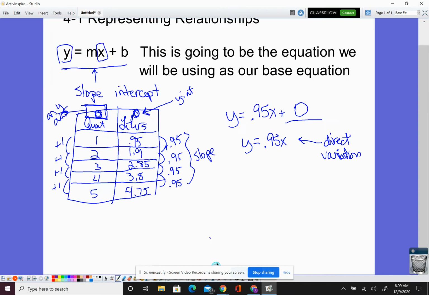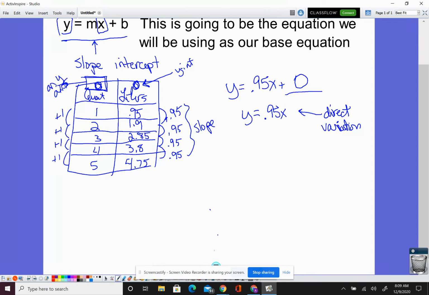In looking at most of the problems that they give you here in this chapter, in this first section, most of them are going to be direct variation problems. They're going to have a y-intercept of 0. I don't see any of them in here that don't have a y-intercept of 0.